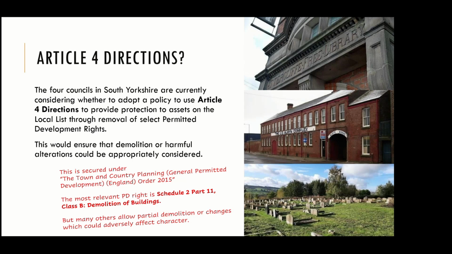So the theory is that if we can get council committee approval for having Article 4s issued, then we can get ahead of that and get to a point where these non-designated heritage assets are at least given the consideration of being weighed appropriately in a planning balance.